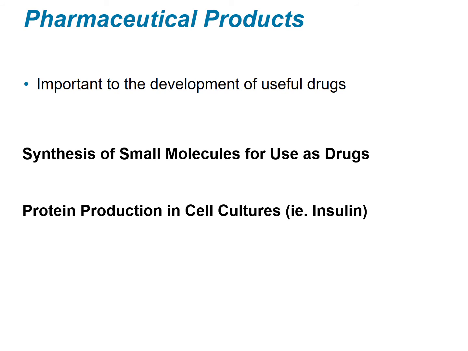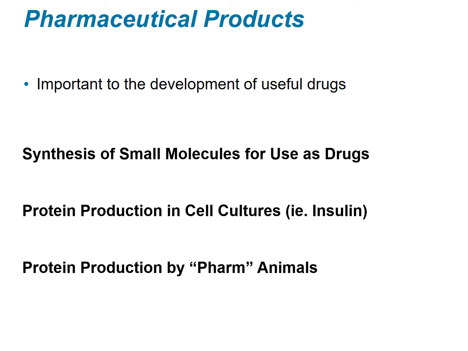Protein production: proteins like insulin are used to treat diseases. You can manipulate organisms to produce excess amounts of this protein, which makes it easier, and you can produce high amounts of it at one time. And protein production by farm animals, right? You can have farm animals, and we'll talk about that in just a second, and induce animals to actually produce these proteins and extract them, for example, from milk.